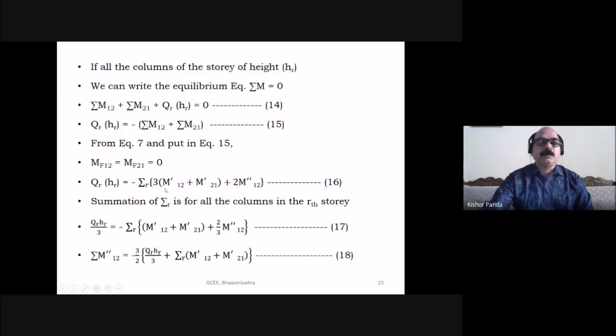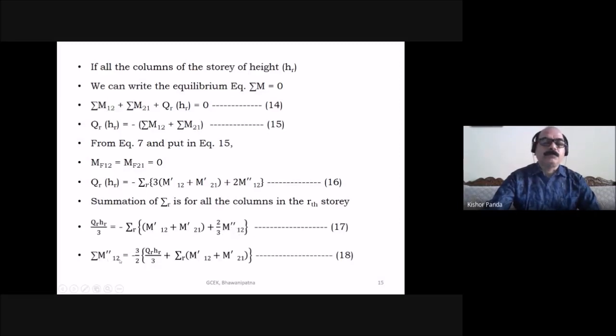Take QR here and divide equation 16 by 3, QR HR by 3. So here minus summation of R, 3 cancels here, and here 2 by 3 M''12. Then we find summation of M''12.